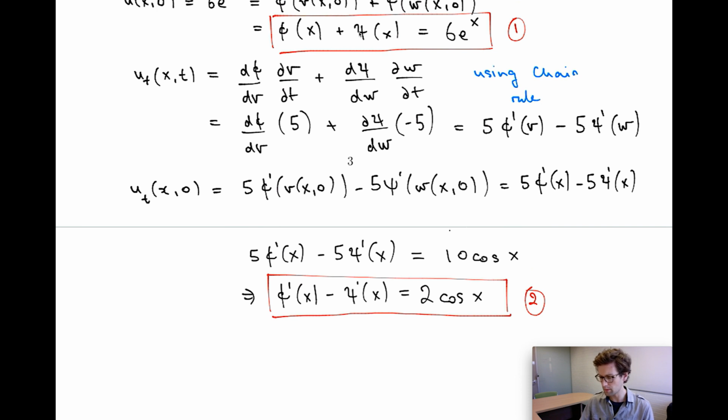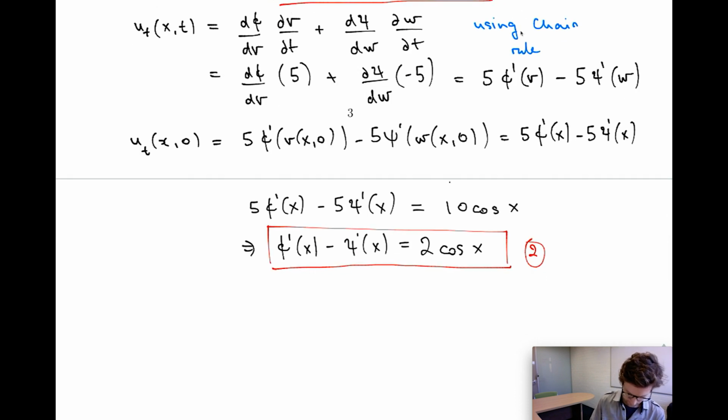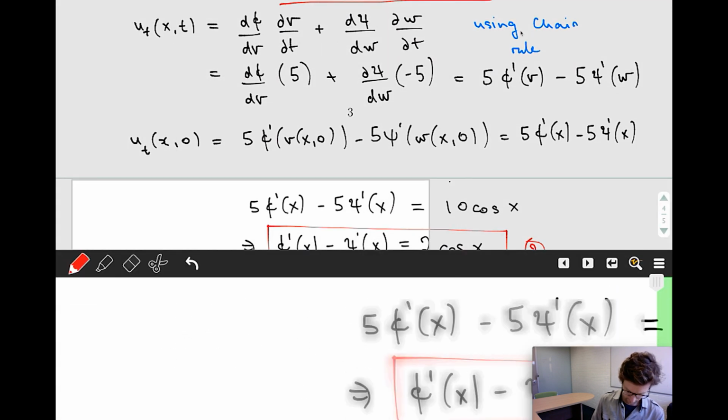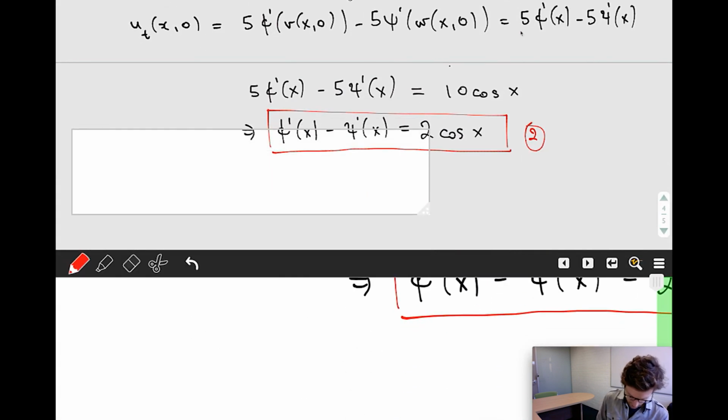So what I'm going to do is solve these by integrating, or rather by differentiating equation 1 with respect to x. So I'm going to take the derivative with respect to x of equation 1.